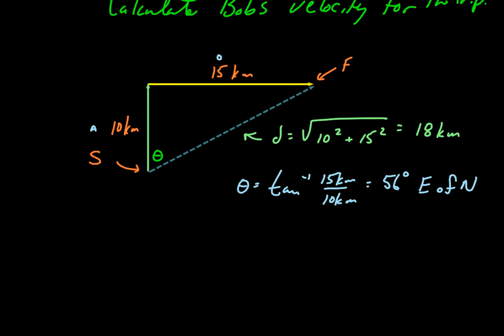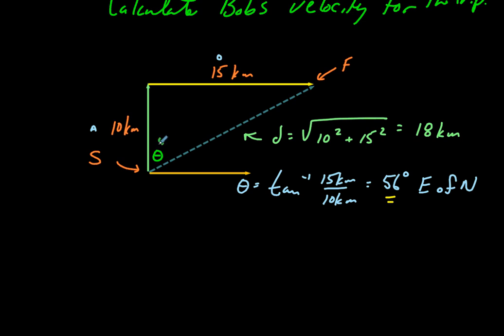Okay, so a little note on using 56 here. There's a rule of thumb that basically says to use the smaller of the two possible angles as measured from the cardinal directions. So that seems complicated, but basically all it means is if this angle ends up being larger than 45 degrees, we'll use its complementary angle instead and measure north of east rather than east of north.